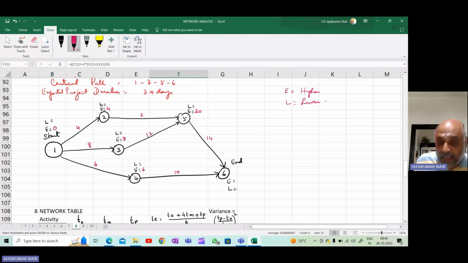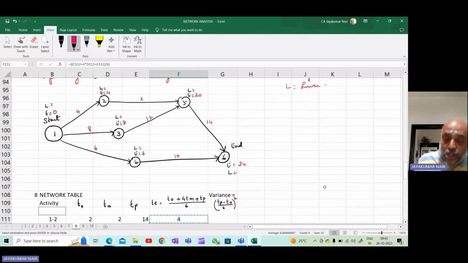Now, if you want to calculate the E value at node 6, there are two arrowheads entering this node. So 20 plus 14 is 34, or 6 plus 10 is 16, whichever is higher. The higher one is 34. That means to complete this particular project, the duration will be 34.